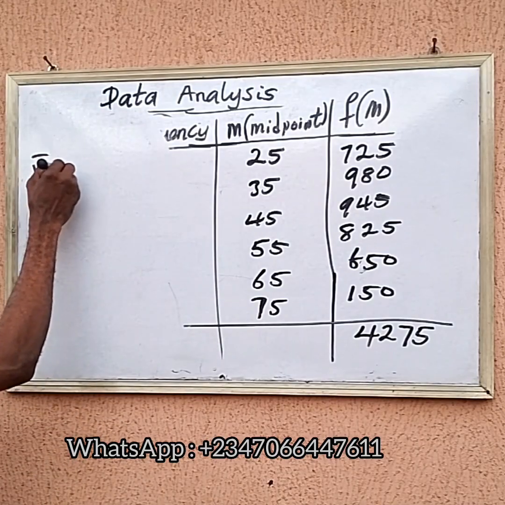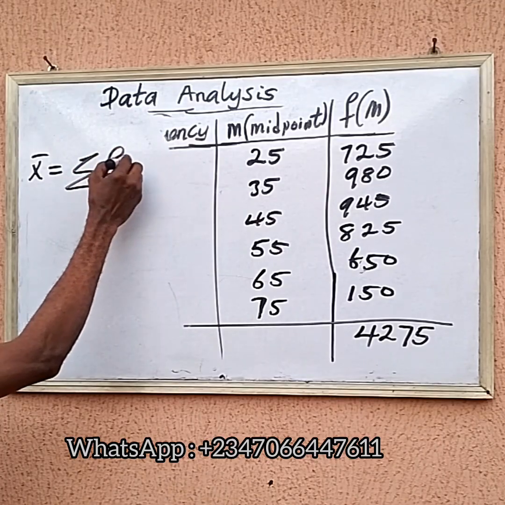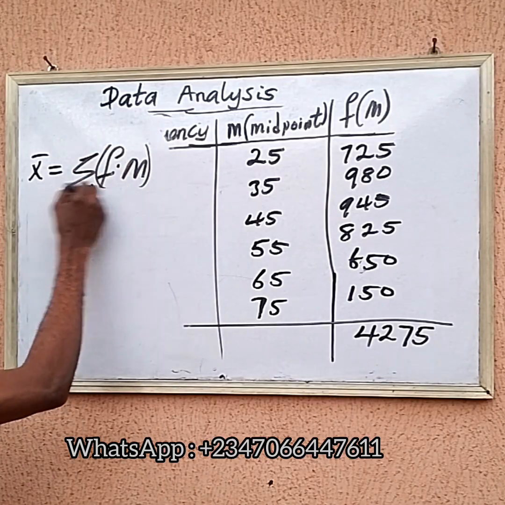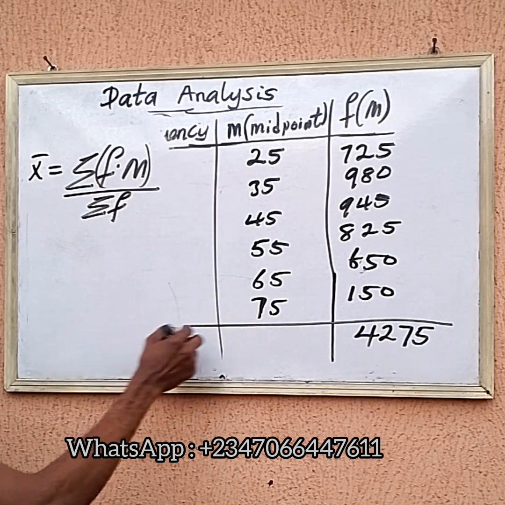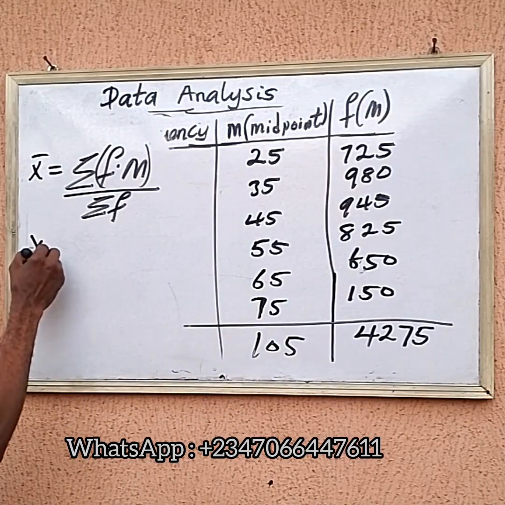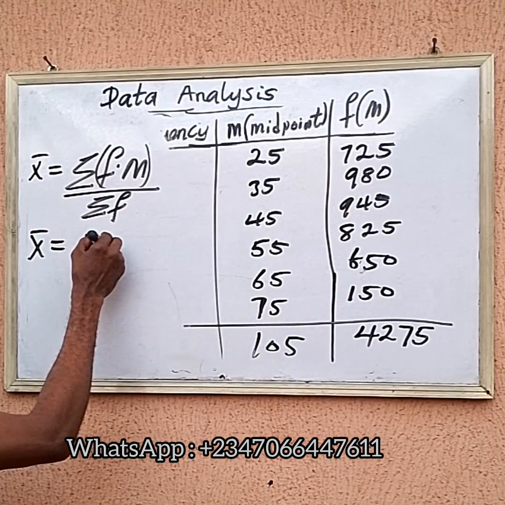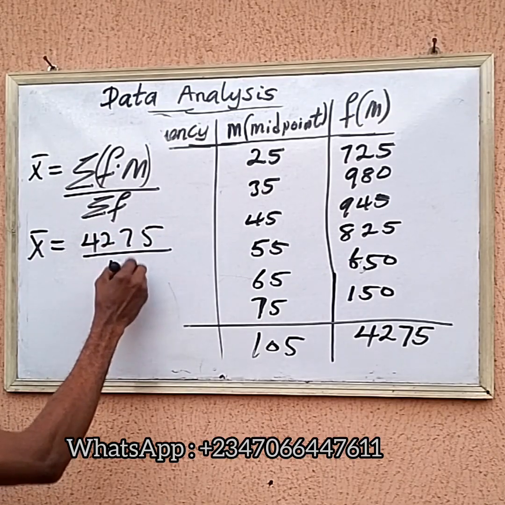Now we record the formula, which says the summation of f times the midpoint, all over the summation of f. What does that mean? It means we bring out the summation of the whole thing, which is 4,275, divided by the total frequency.